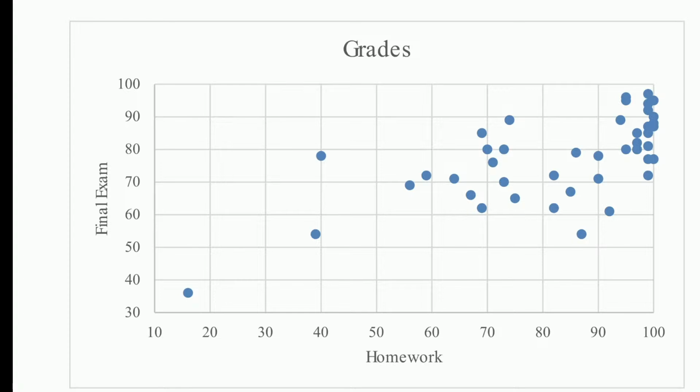No one flunked who did all their homework. You have to drop down here to find someone who flunked the final. This person got a 61 or something and did most of their homework. Then you start getting people down here. But there's a general trend, isn't there? You can sort of see this trend upward. That's what we're looking for when we're talking about ordered pairs and correlation.